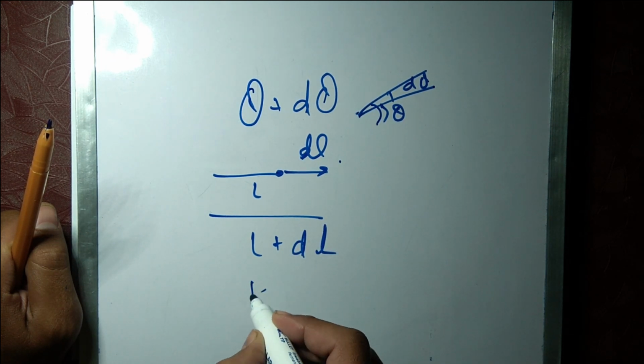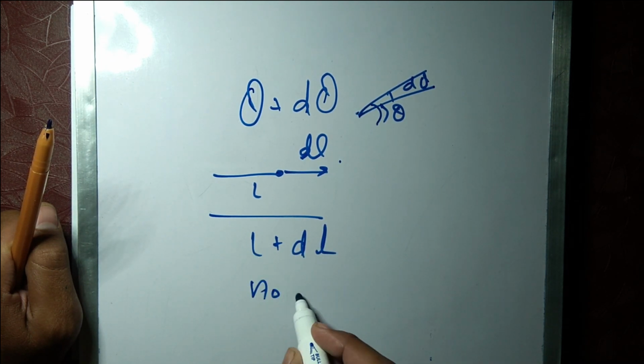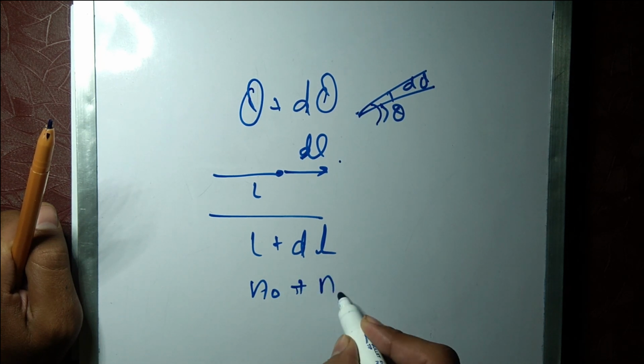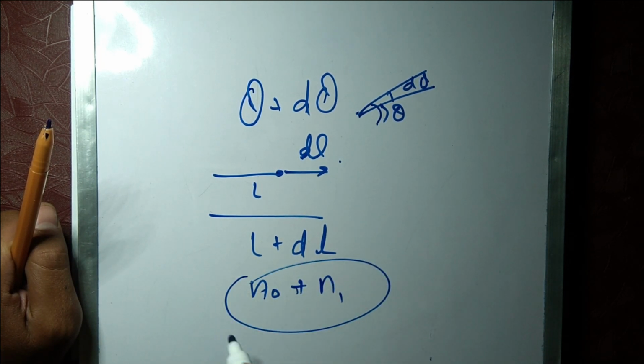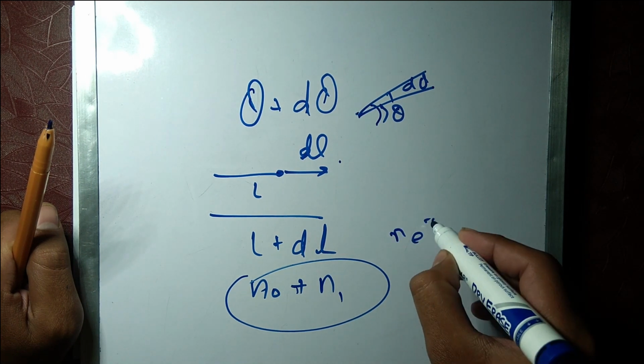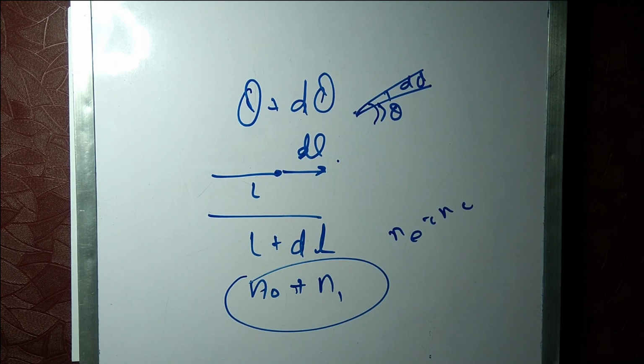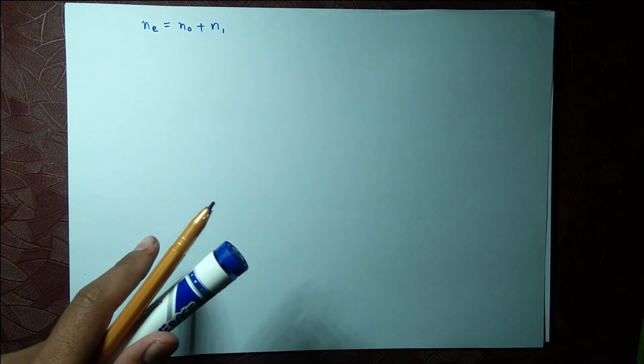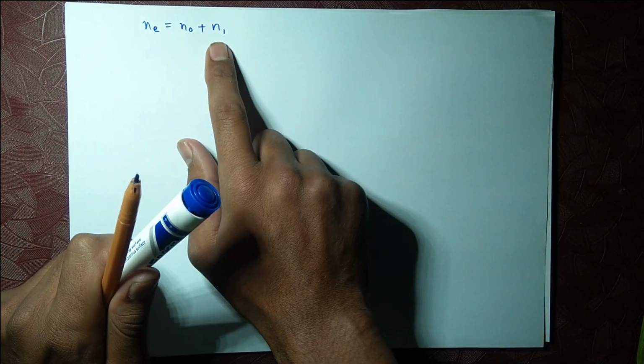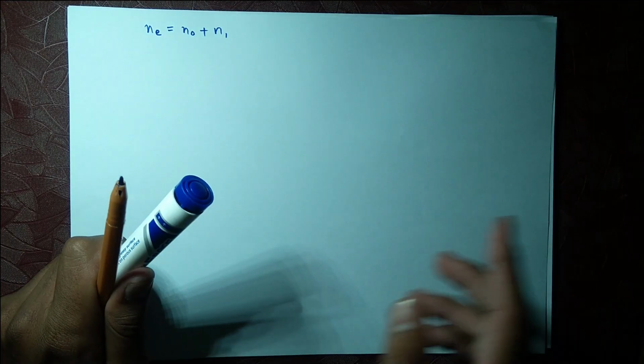So in this case we have n naught, the original, plus n1, the variational, the changed one. So Ne will be equal to n naught plus n1: the original value plus the change.